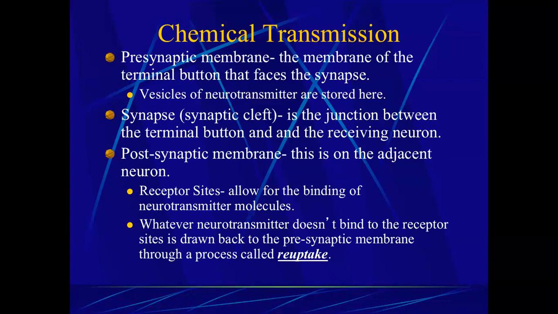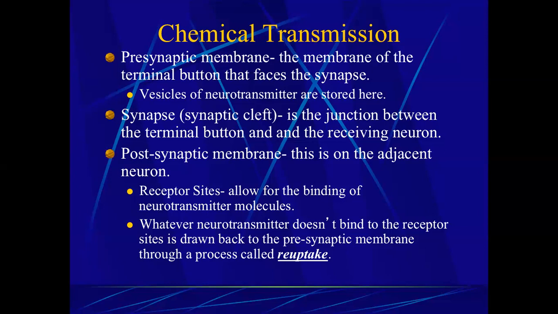So when we think of two neurons, let's say my left hand is a neuron, my right hand is a neuron, and the space in between is what we call the synapse. Well, we have neuron A, which we're going to refer to as the presynaptic membrane. That's the first neuron, the original neuron.